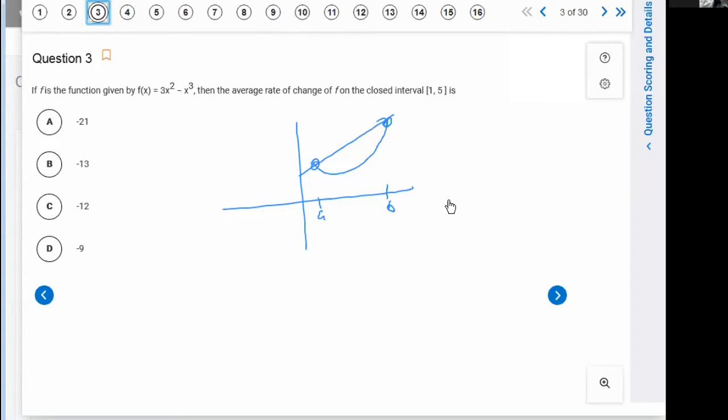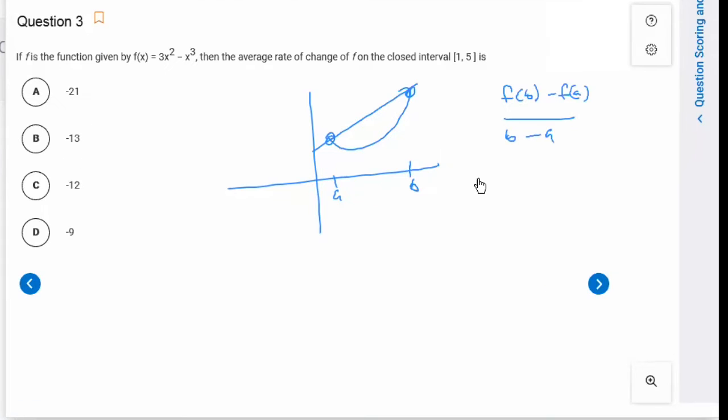So this equation is f of B minus f of A over B minus A, and that's our average rate of change. So to do this problem, you'd be plugging in the 1 and the 5, and you would figure out what the y values are and then subtract them.